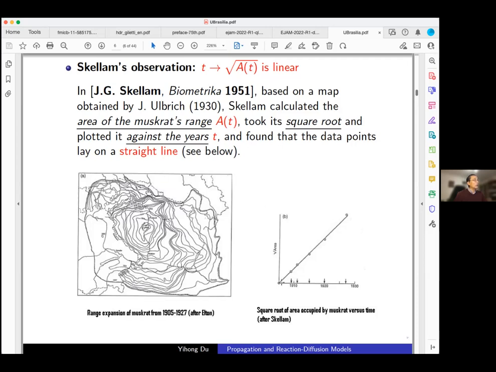He plotted them onto the time and square root area plane, and found all these observed data over 20 years lie on this straight line. So in other words, this function is linear. Well, that's really special. You look at this map, and you observe something interesting. This curve is a straight line.